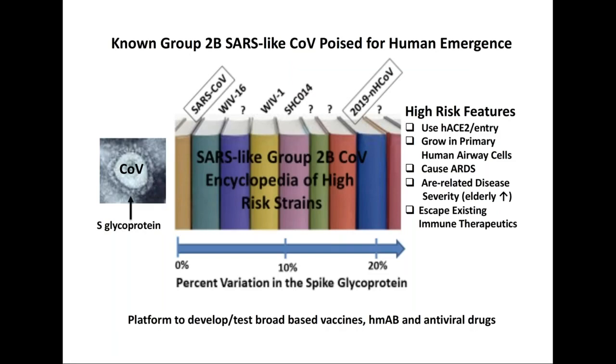So an important thing to remember when we talk about vaccines against the SARS-2 coronavirus is that we already do have a broad platform of related SARS group 2B strains that we can ask about vaccine performance for the 2019 strains in terms of how well they protect against progenitor strains that exist in nature.